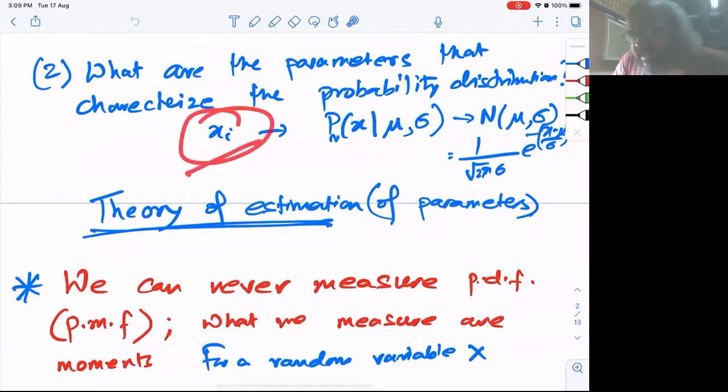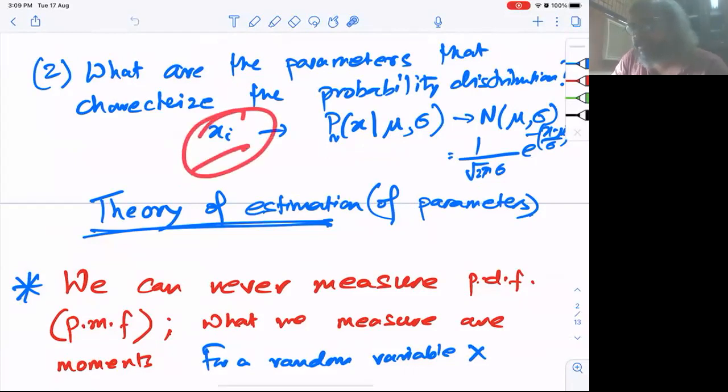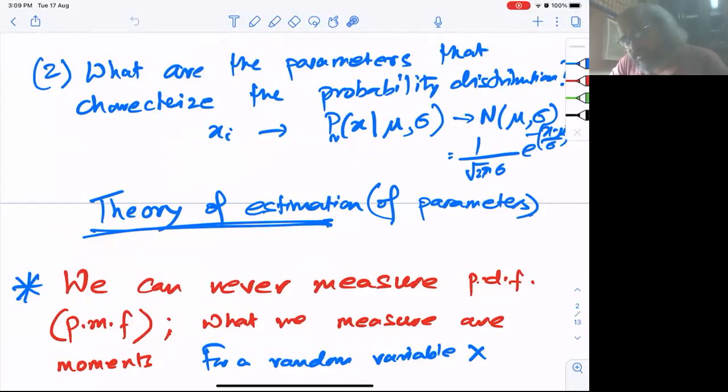I have this data in hand. How well can I estimate these parameters? This is a very fundamental question. I want to measure acceleration due to gravity, the fine structure constant, or the wavelength of a laser source. How well can I measure, given that I have a set of maybe 20 or 25 numbers? What can I do with those numbers? How can I combine them to get the best possible estimates of this parameter?